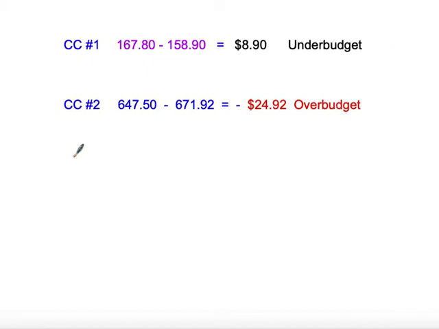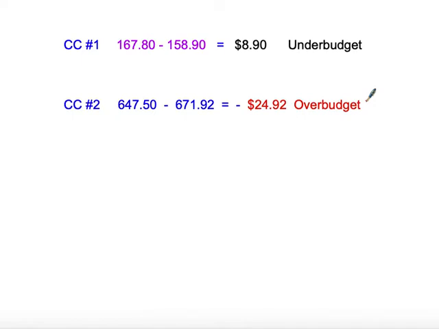For the second concept check, Millie budgeted $647.50, but she spent a total of $671.92, bringing her to a negative balance or a negative total of $24.92, putting her over budget, or she would be considered in the red.